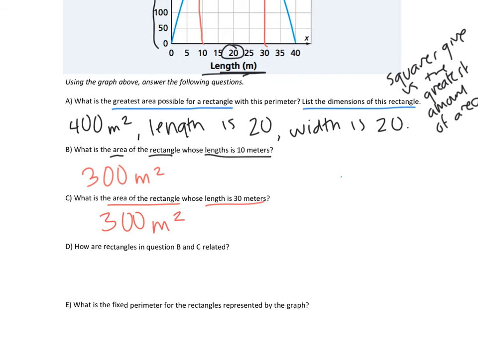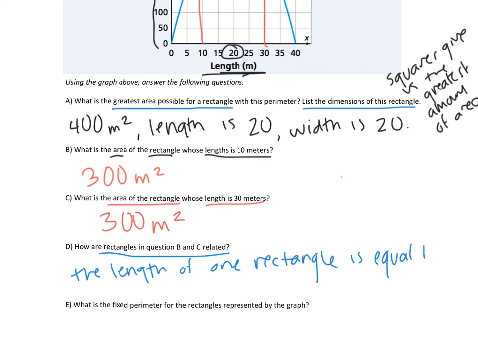Okay, so now that actually brings me to question D. How are the rectangles in question B and C related? Well, if we noticed, the length of one rectangle is equal to the width of the other.